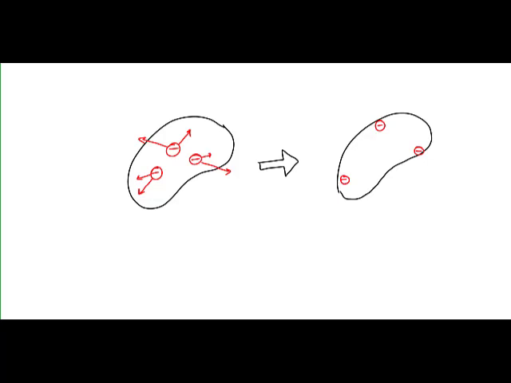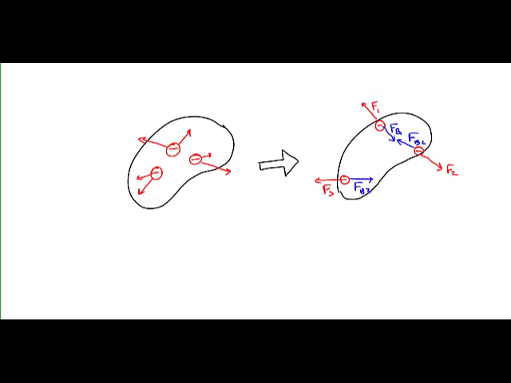The perpendicular component of the electrostatic force on each of these charges will be offset by the binding force the charge has with the surface. And these charges will distribute themselves around the surface in such a way that the tangential component of their force goes to 0.